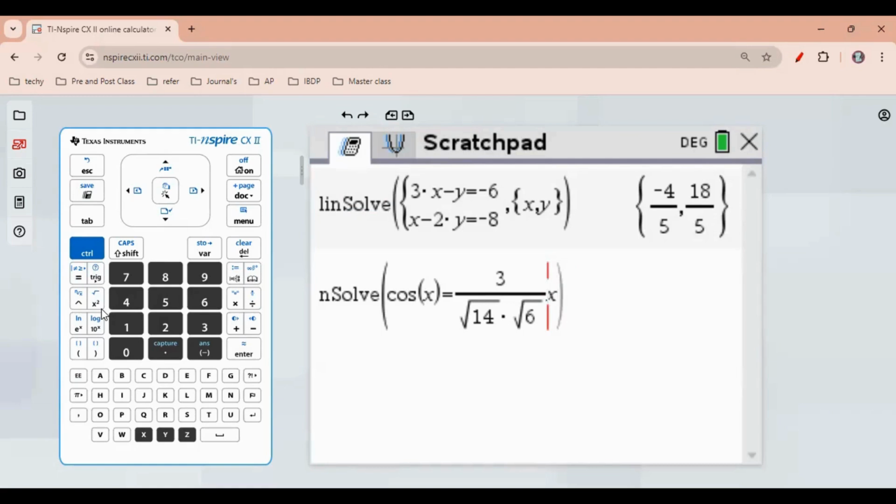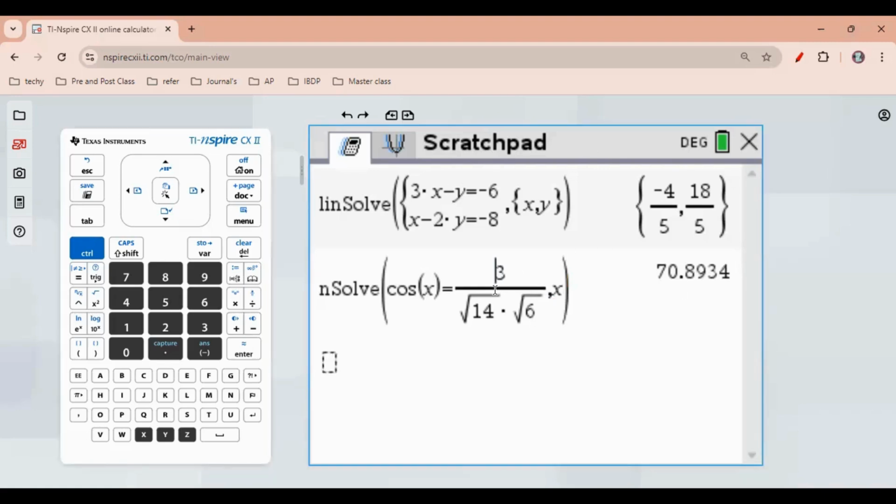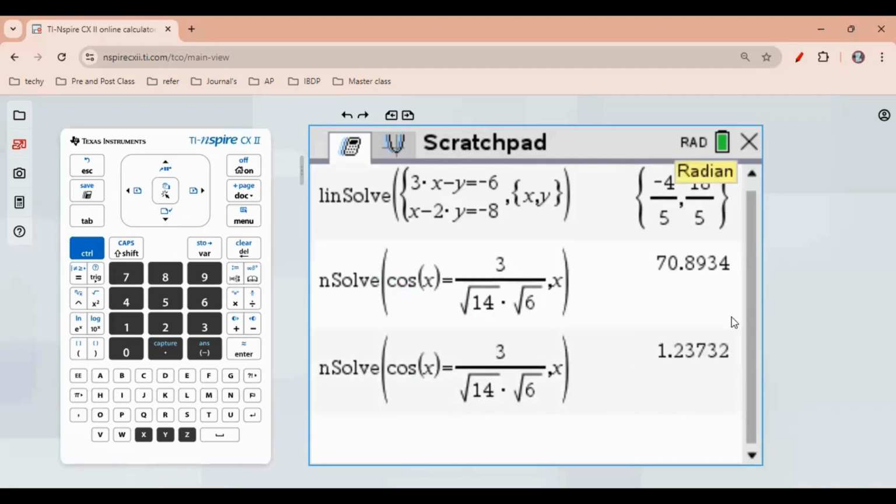Comma and then x. That's it. We got 70.894 because I used the degree mode here. You can also choose radian, and both are accepted. Let me change it to radian and click enter, and this is the radian answer.